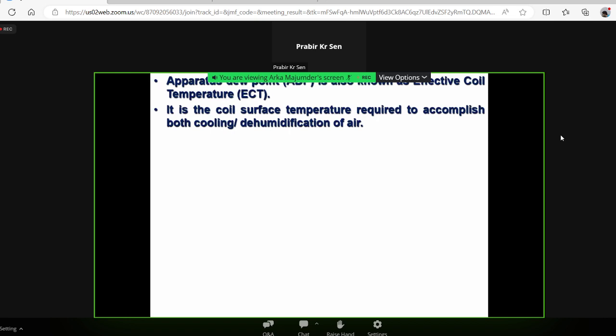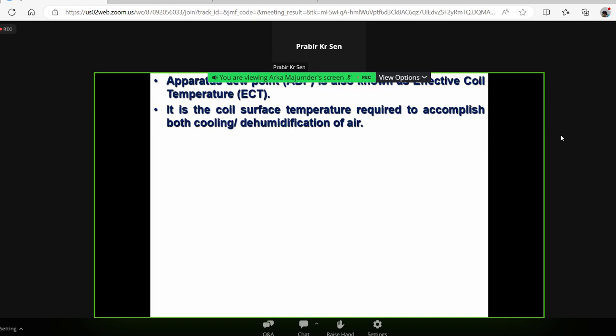And when we supply it to the room, it will pick up a little bit of moisture, which will definitely be generated, because occupants in the air conditioned room also release moisture by way of breathing.